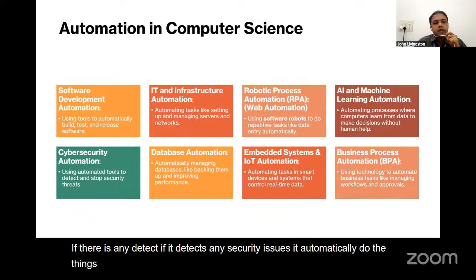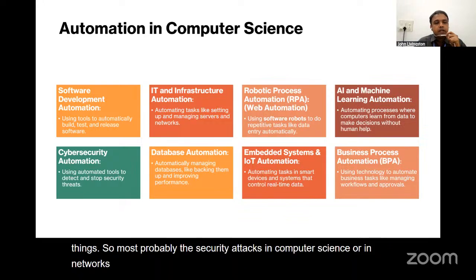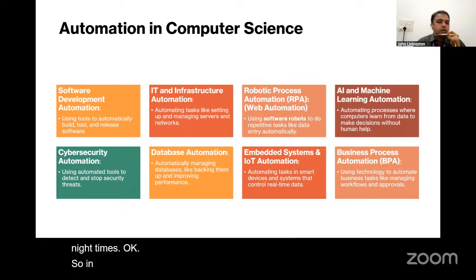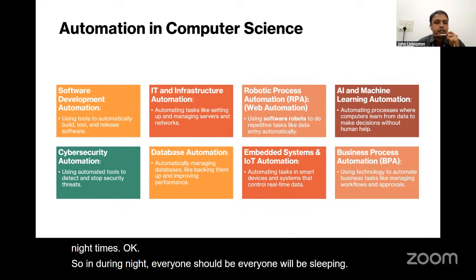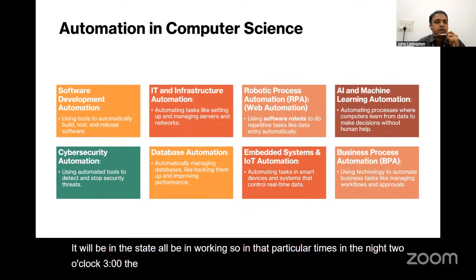Most probably the security attacks in computer science or in networks are happening mostly at night, not in the daytime. During the night, everyone will be sleeping, everyone will be in a rest state, no one will be working. At that particular time, at 2 o'clock, 3 o'clock at night, the cyber attacks are very high, according to research.